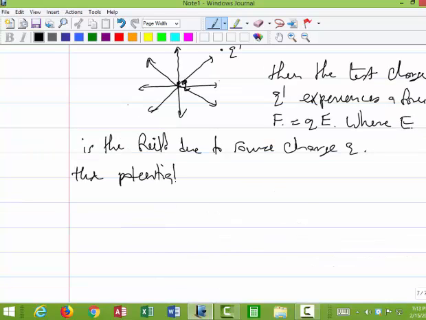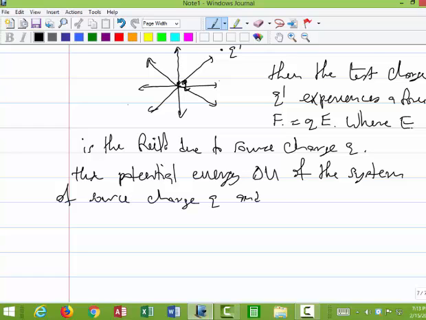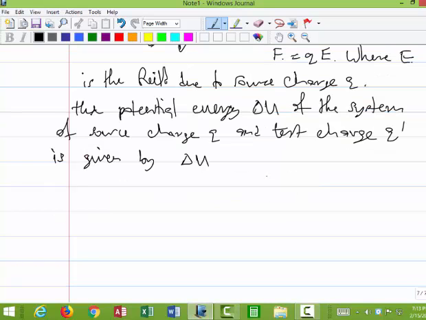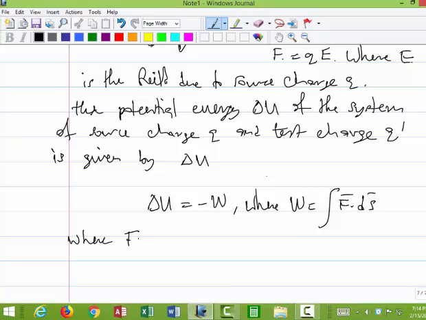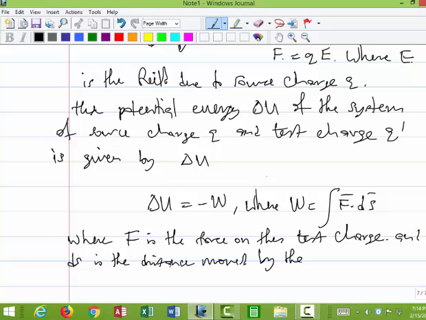So we can say that the potential energy change delta U of the system of source charge Q and test charge Q prime is given by delta U. That's our potential energy delta U. Delta U is equal to minus W, where W is the work done, which is the integral of F dot ds, force times distance, where F is the force on the test charge due to the source, and ds is the distance moved by the test charge.